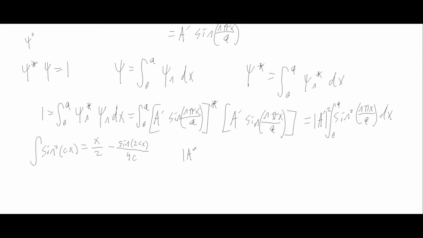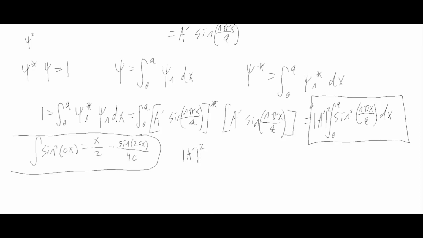So a prime squared. We can block this off and say this is just the identity I'm using while integrating this right here. And so what we have is this a prime squared multiplied by x over 2.